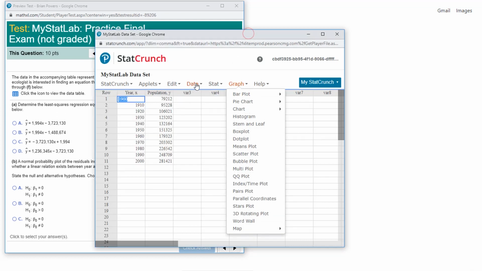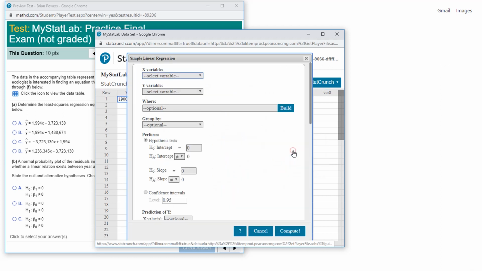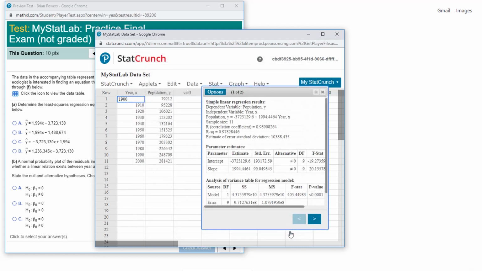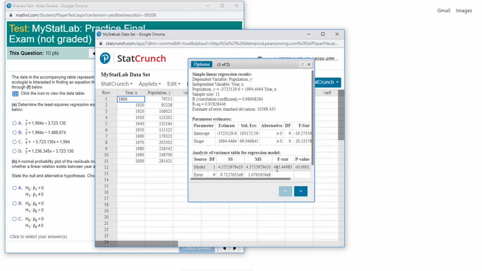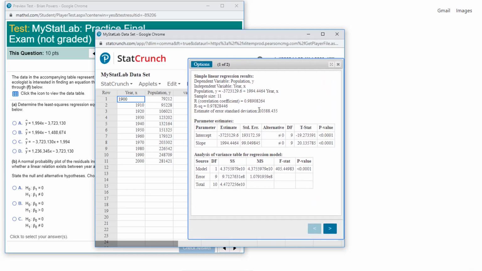All right, well, let's go to stat, regression, simple linear. I'm going to pick year as X and the population as Y, and we're going to compute. It's actually given up above.